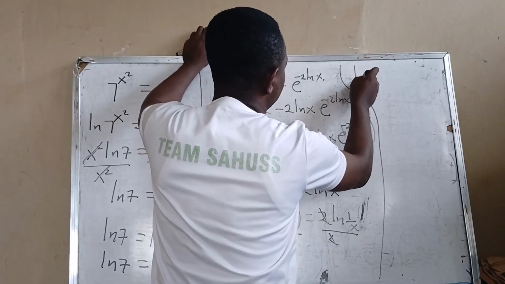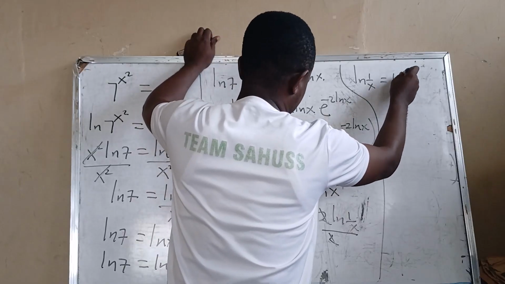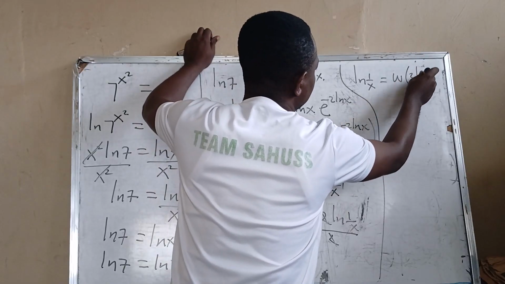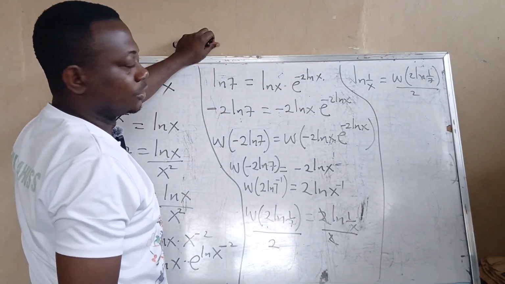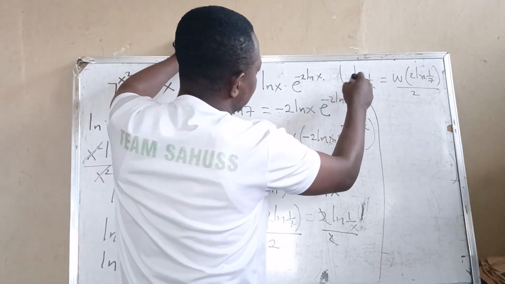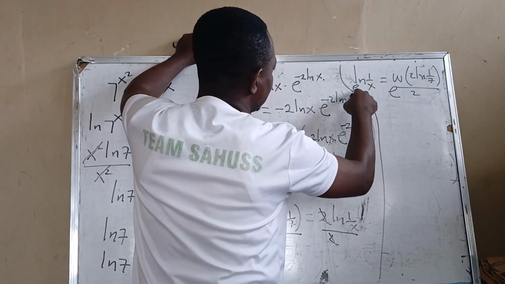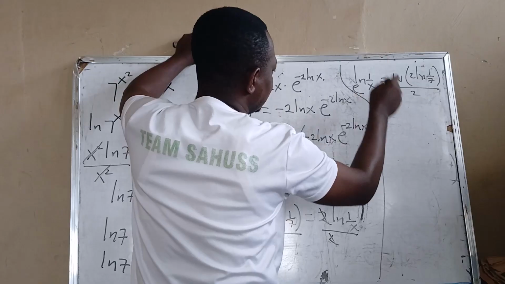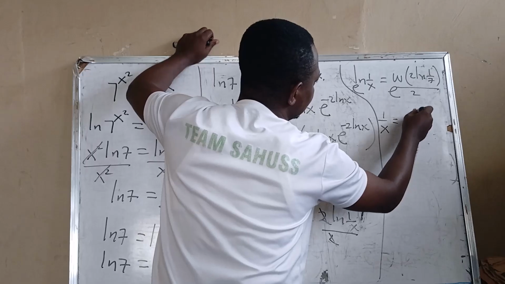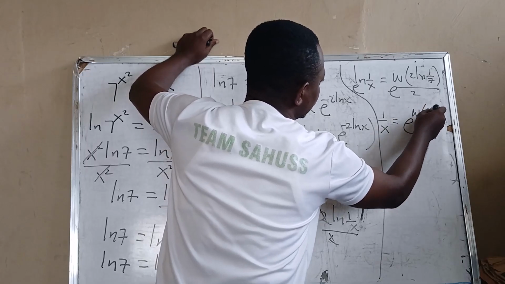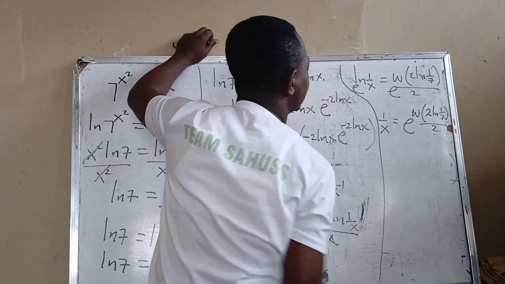So ln of 1 over x equals the W function of 2 ln of 1 over 7, all over 2. Okay, so what I will do is remove this ln. So I will raise both sides with e. So e to the power that, and e to the power ln will cancel. So I will leave it 1 over x equals e raised to the W function of 2 ln of 1 over 7 over 2.